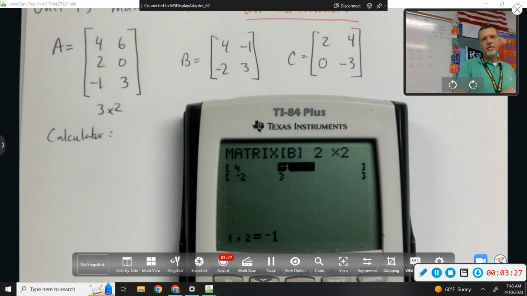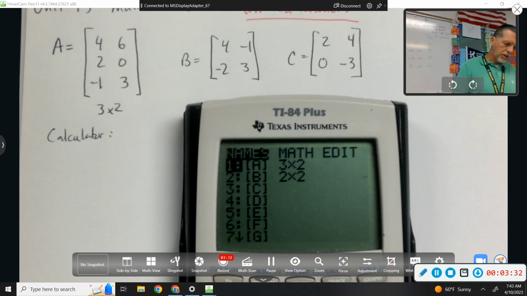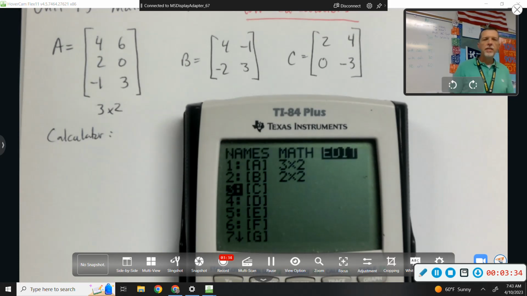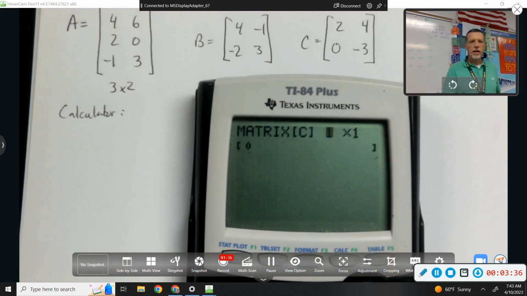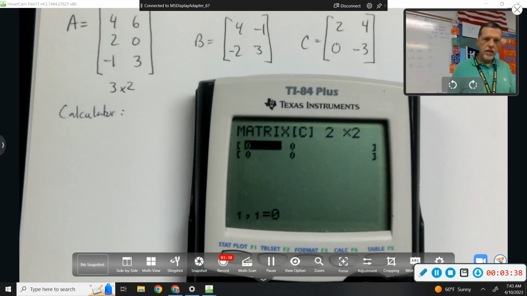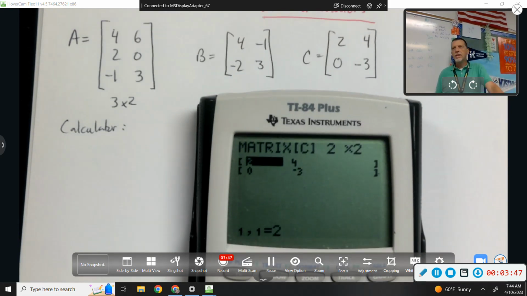And then exit and go do matrix C. Second quit, second matrix. Again, it's pretty quick, it's pretty easy, but you've got to double check to make sure that your elements are in there correctly.